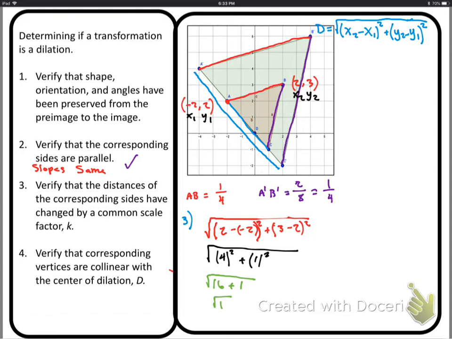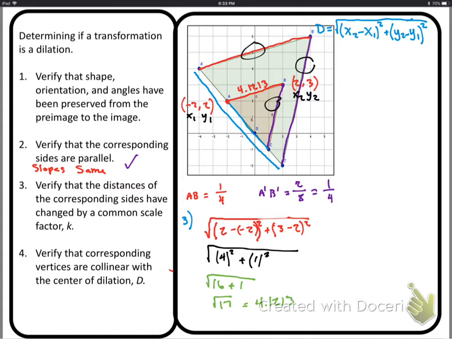Now we have the square root of 17. If we grab our calculators and put in the square root of 17, we get 4.1213. So I'm going to plug in 4.1213.